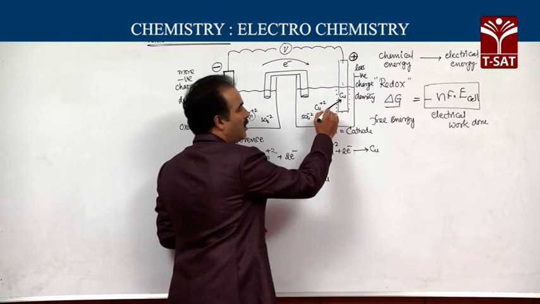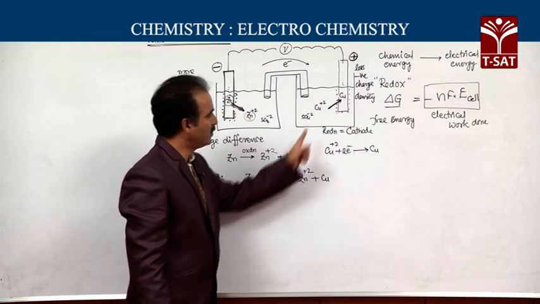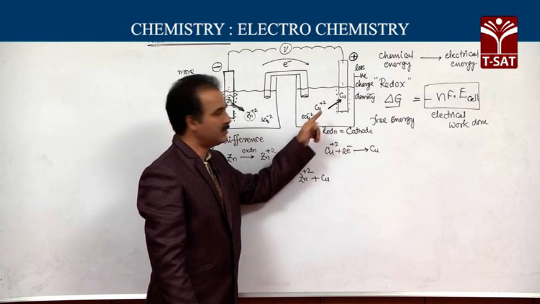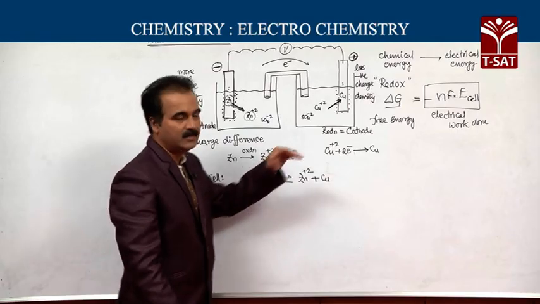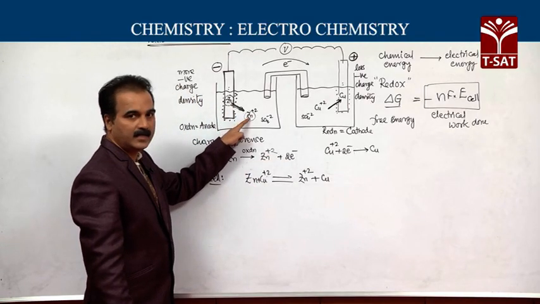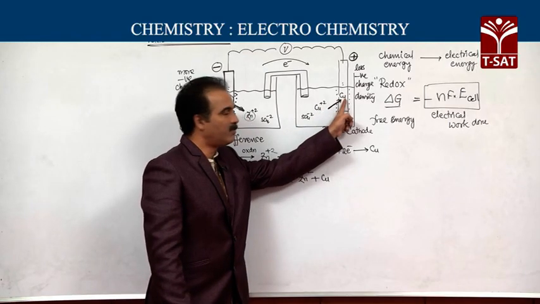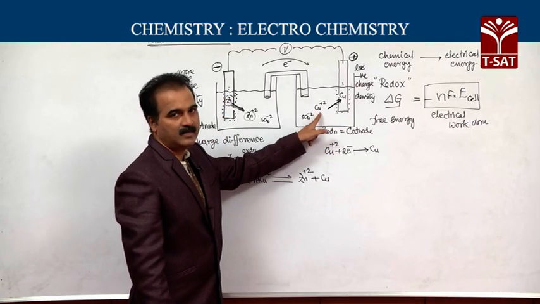Similarly, as copper plus 2 keeps undergoing reduction, the copper plus 2 concentration here keeps decreasing. As a result, the reduction potential also decreases. So, after some time, the oxidation of zinc becomes very tough, as well as the reduction of copper plus 2 to copper, due to lesser availability.